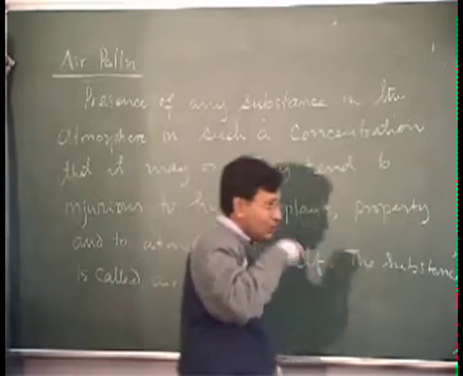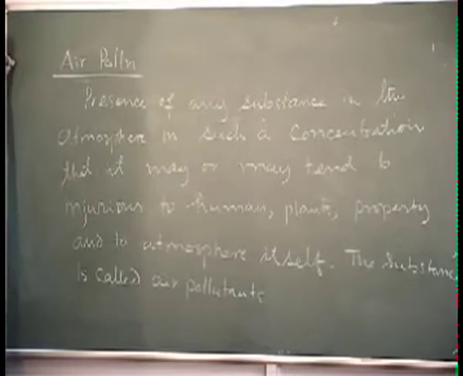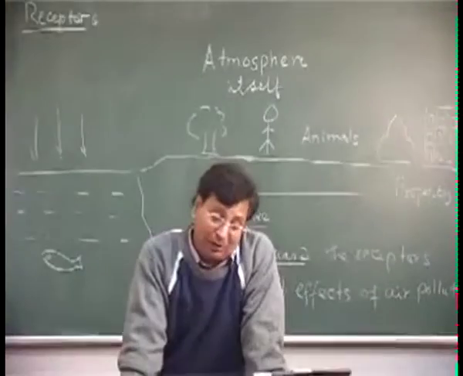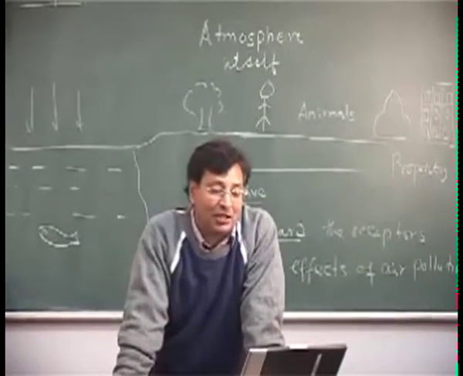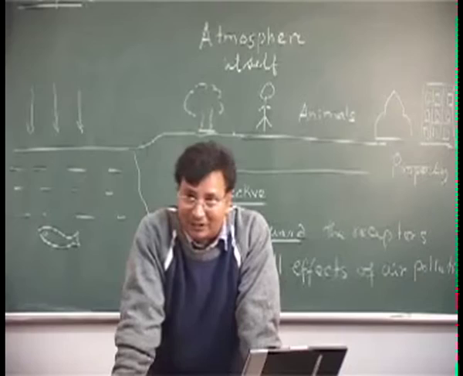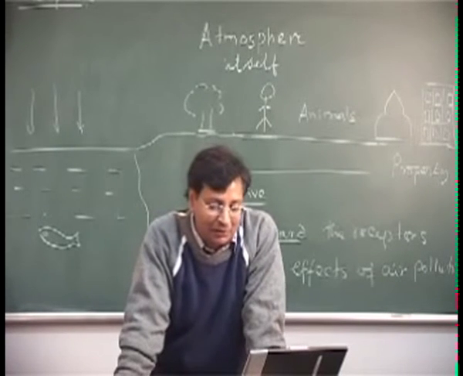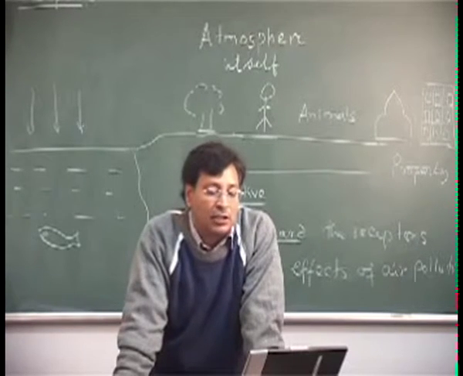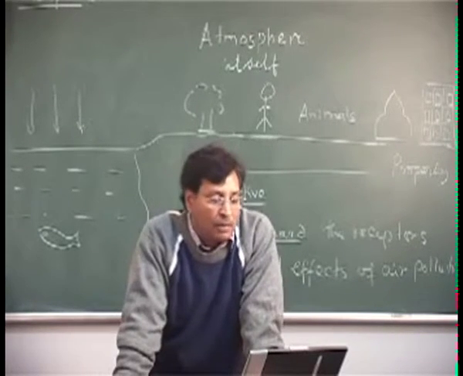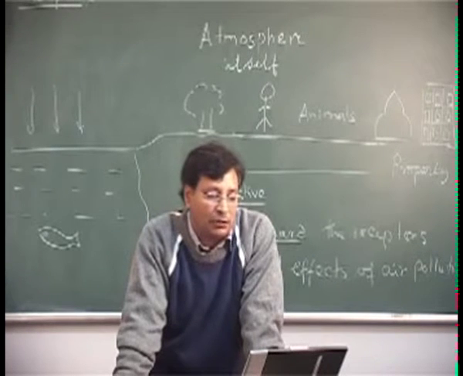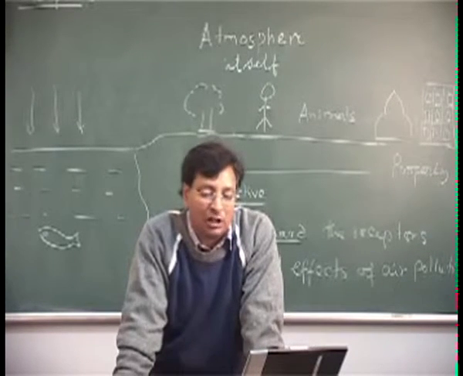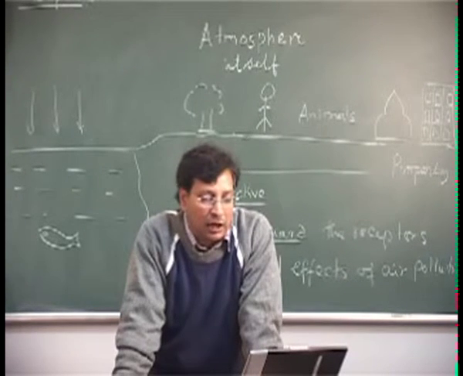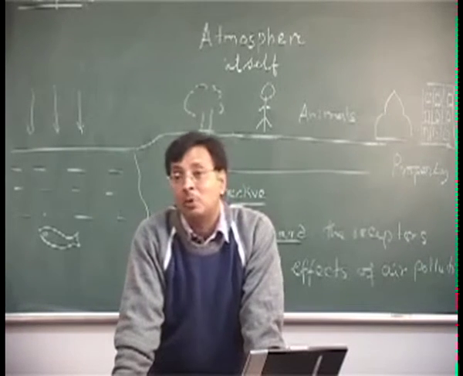Okay, this is something very close to what you will get, but I'll read for you and send it through the email. It says presence of any substance, solid, liquid or gas, in the atmosphere in such a concentration that it may or may tend to be injurious to humans, animals, plants, property or to the atmosphere itself is referred to as air pollution, and the substance as air pollutant.